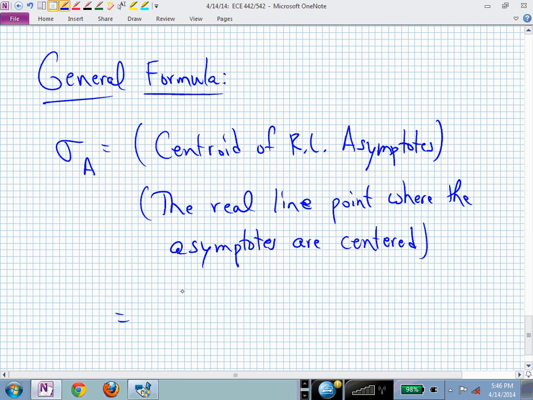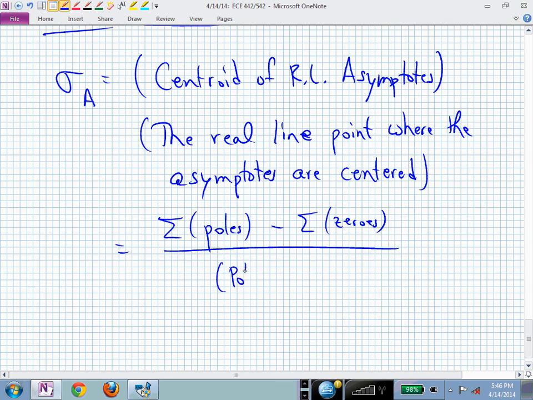And to find that, we simply sum all of our poles. We subtract from that all of our zeros, and we divide by this integer given by the pole zero excess. That's sigma sub A. That's where those asymptotes all meet on the real line.